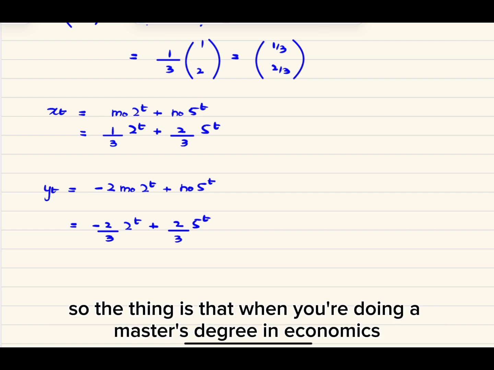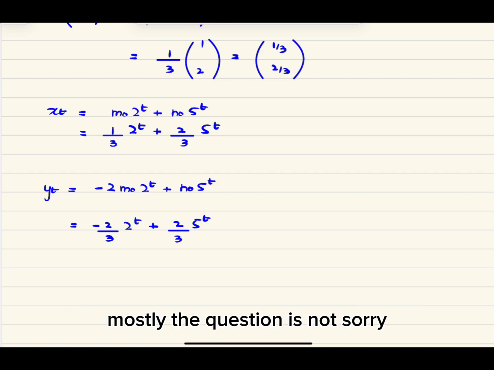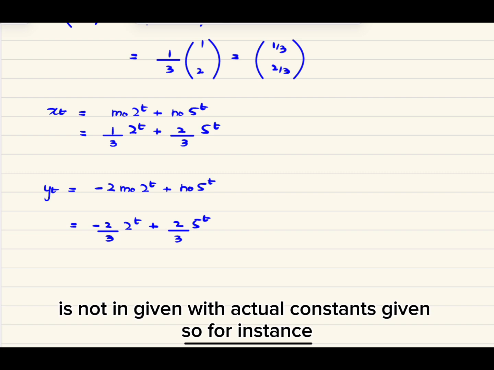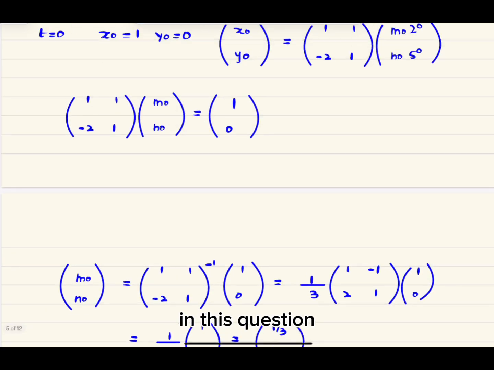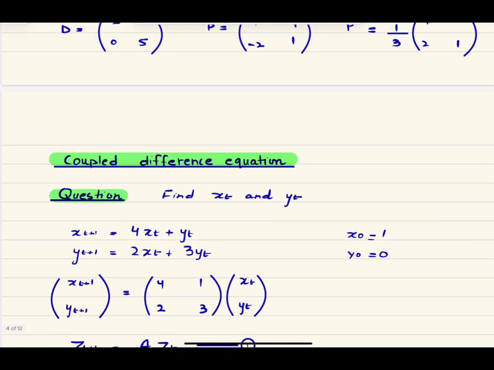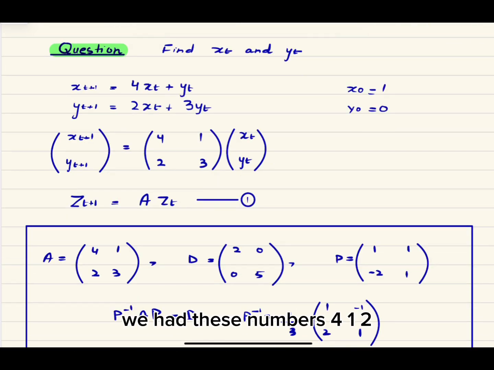So the thing is that when you're doing a master's degree in economics, mostly the question is not given with actual constants. So for instance, in this question, we had these numbers 4, 1, 2, 3.